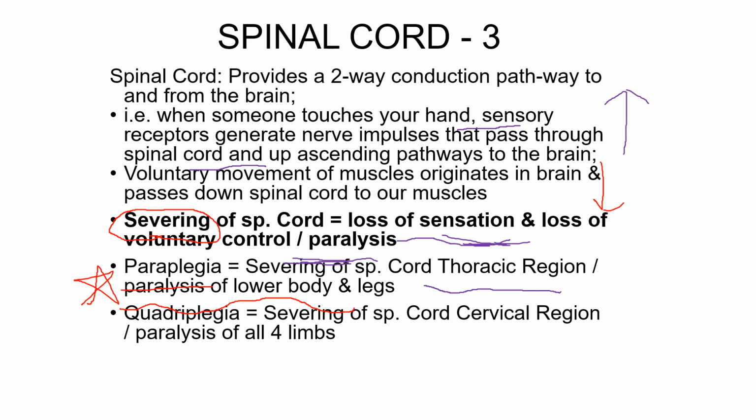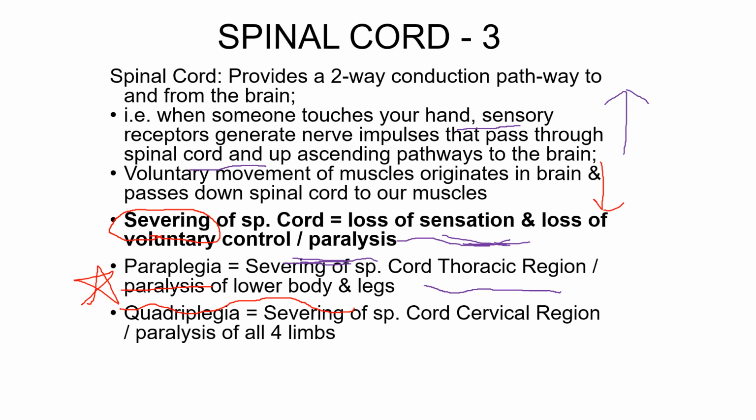Okay? Now let's take it a little more extreme. Let's take it more higher up or superior regarding the spinal cord. If we have some type of neck injury to where we broke our neck and the vertebrae that chipped off or fractured actually severed the spinal cord, then you would be paralyzed from the neck down. So yes, it would include the belly button down, but everything from the neck down.